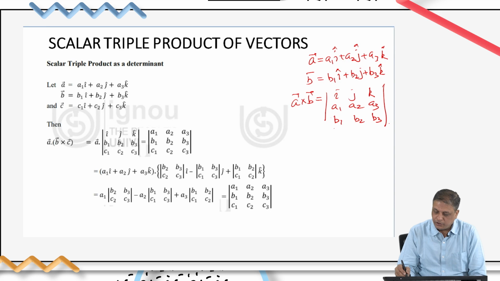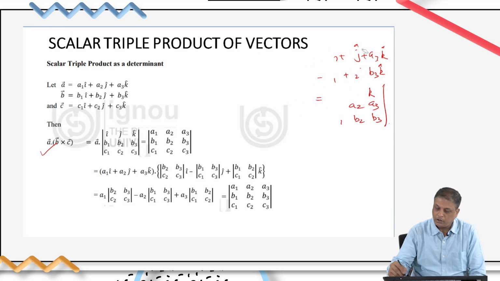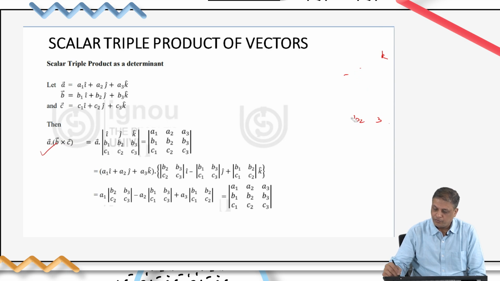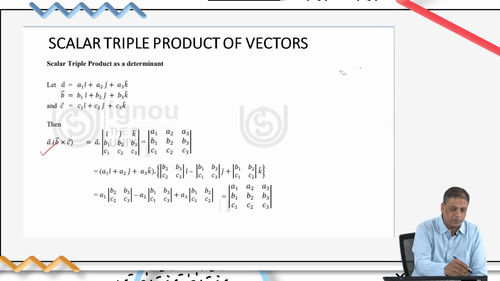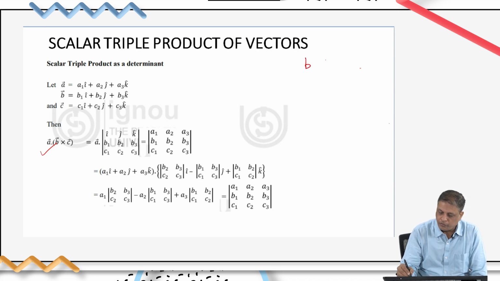On the same lines, A dot B cross C, because we are here to understand the triple product now, will always be given by the expression A dot the determinant representation of vector B cross C.